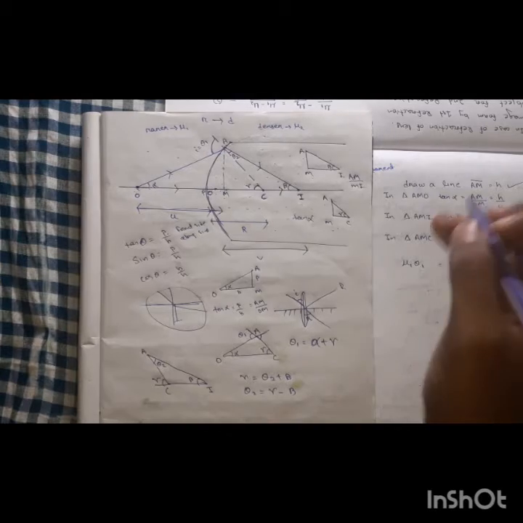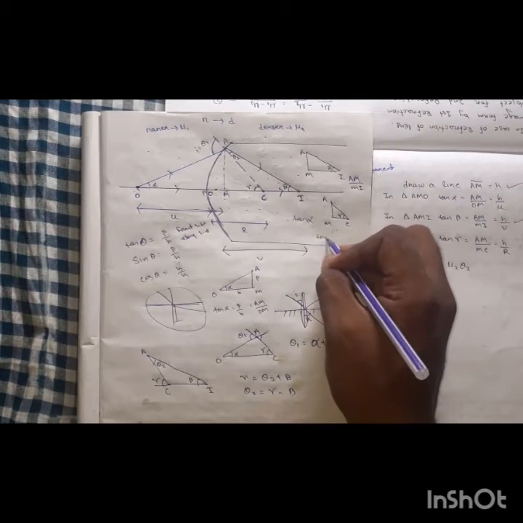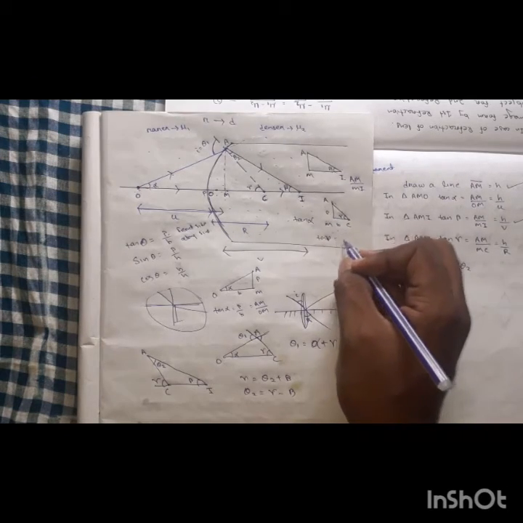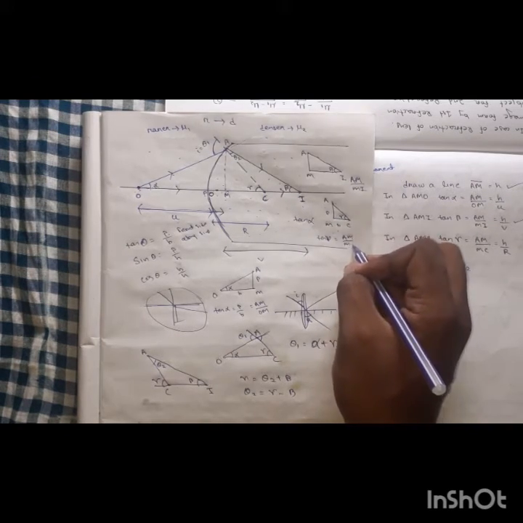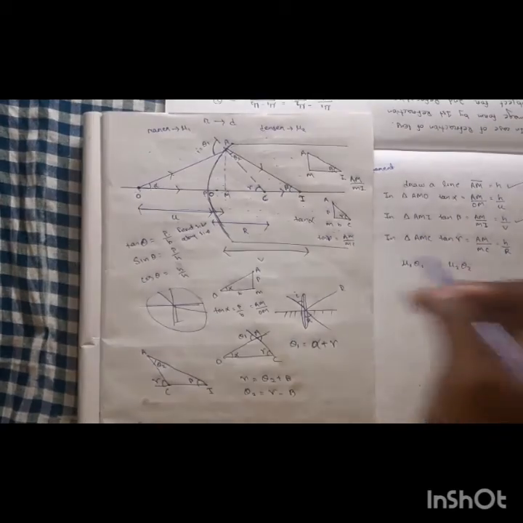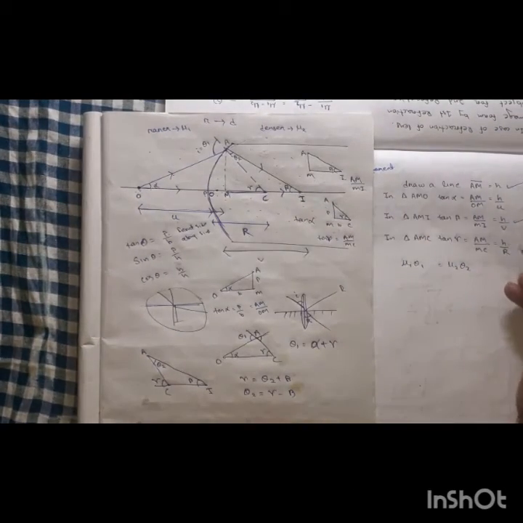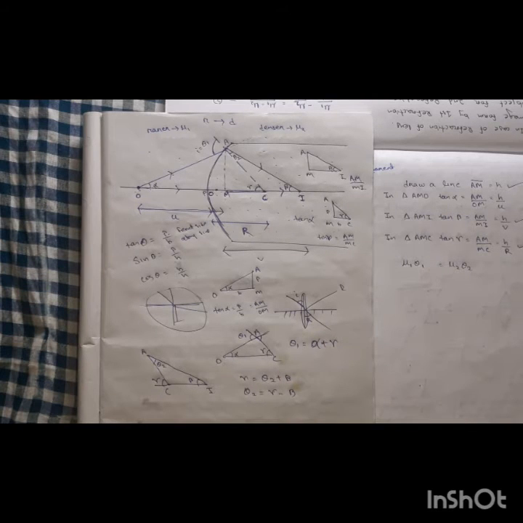Then tan gamma equal to AM by MC. AM equal to H, MC equal to radius of curvature, so H by R. Okay, yes or no? Yes.